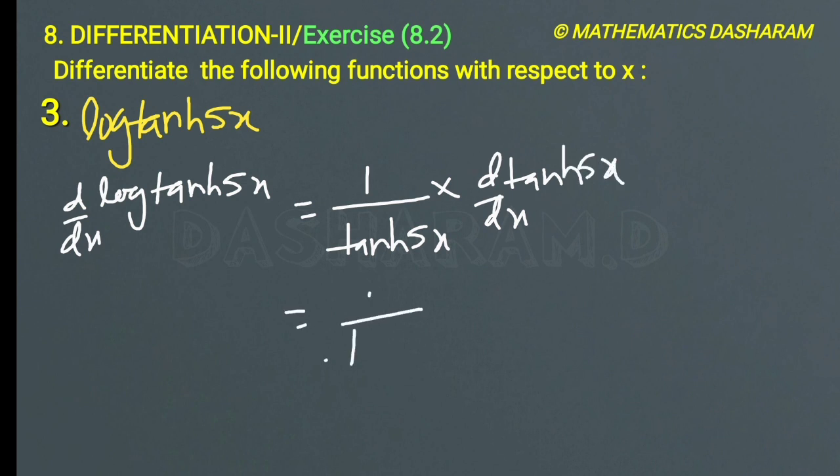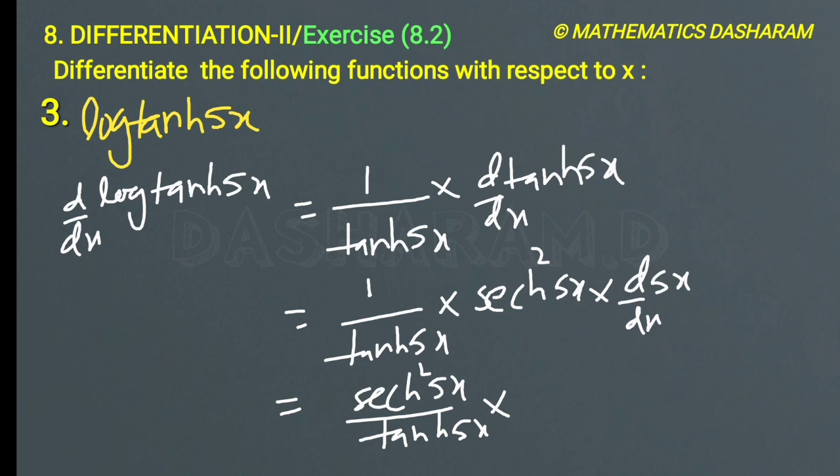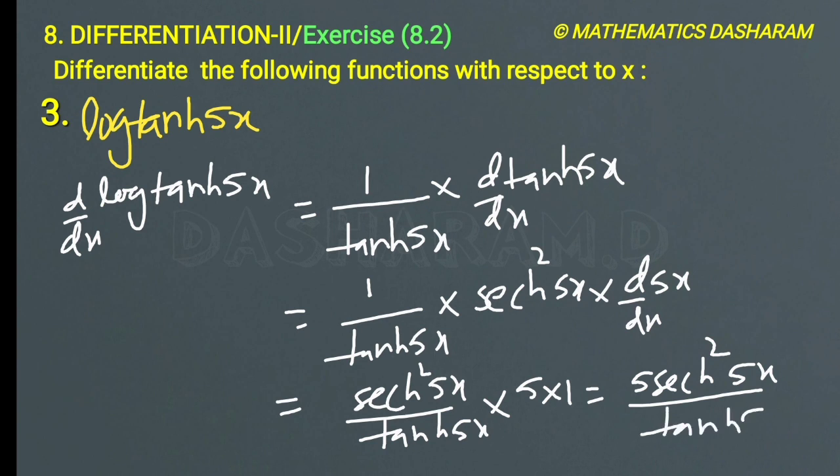So 1 by tanh 5x into the derivative of tanh 5x, whose formula is sech square 5x, and here one more function, that is 5x. Now it is equal to sech square 5x divided by tanh 5x into the derivative of 5x, which is 5 into 1. So it is equal to 5 into sech square 5x divided by tanh 5x.